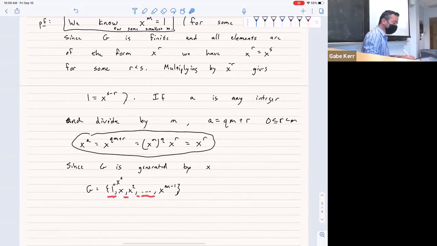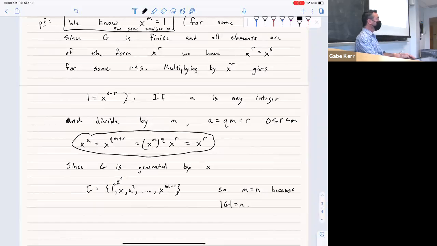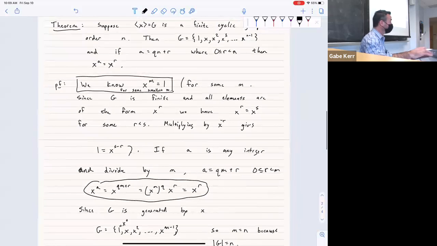So this list is an exhaustive list of all the elements in G. But we know the order of G is n, and this has m elements. That tells us this list is complete, and it goes up to n minus 1.